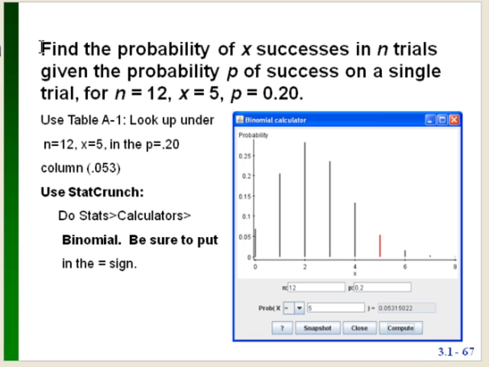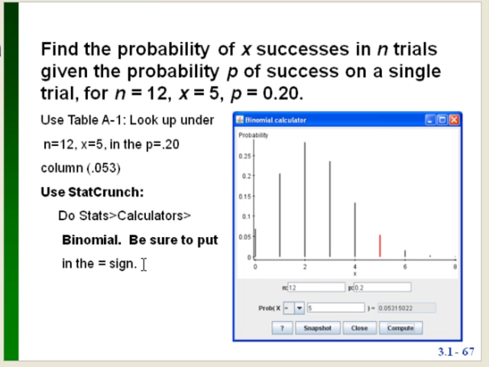All right, so let's use a couple different ways to find the probability of exactly 5 successes if we have 12 trials and a probability of success on any one trial is 0.20. First, we could look in the table. We'd look under N equals 12, X equals 5 in the P equals 0.20 column. And if you look that up, you'd get 0.053.